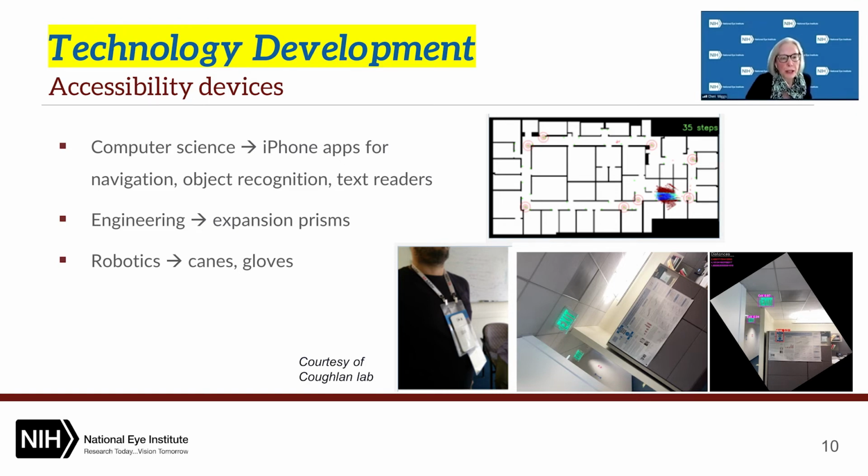And then there's also some exciting work that's come through NEI's participation in the Trans-Agency National Robotics Initiative, through which we've been able to support the development of co-robotic canes and gloves that provide additional tactile and auditory guidance to the device user.